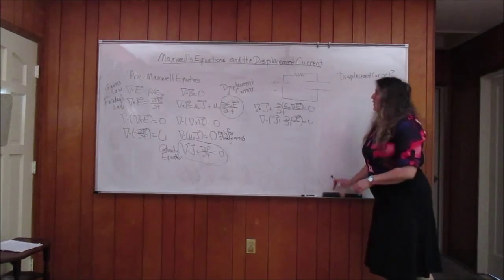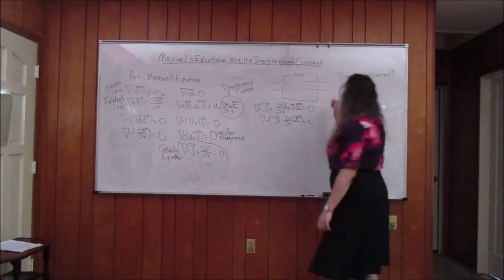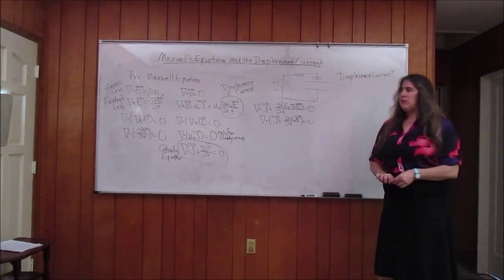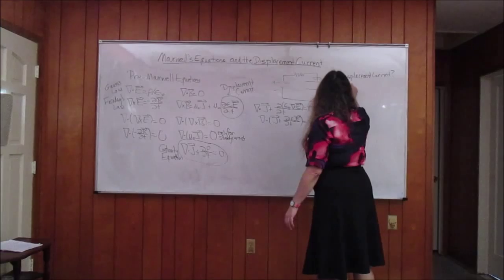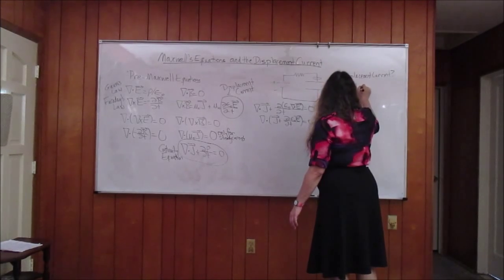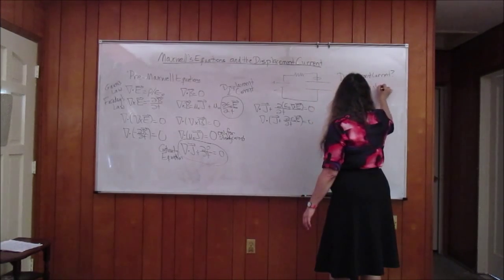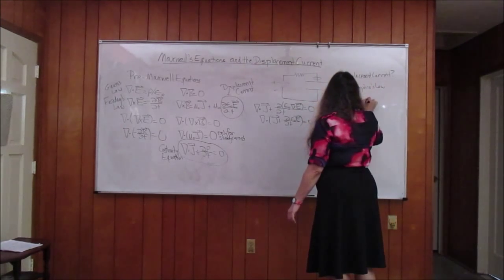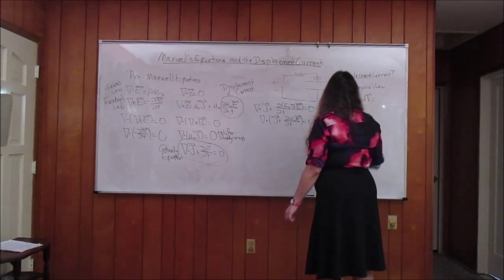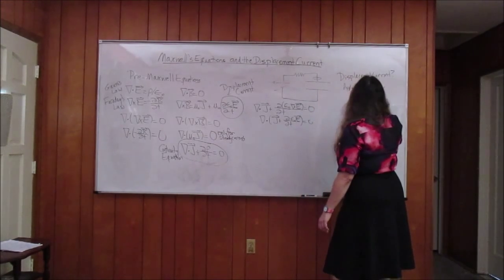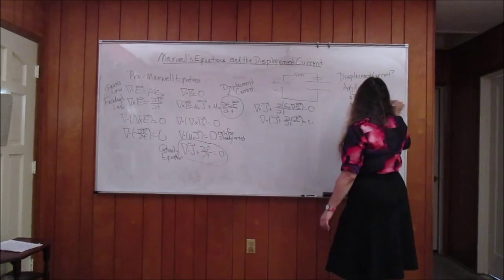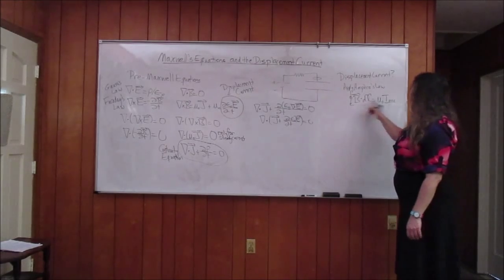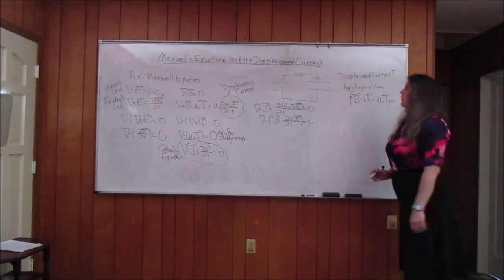And in fact, if I go back to just plain old Ampere's law, if I were to take an Amperian loop and apply Ampere's law, so that means that the line integral of the magnetic field around a closed path is equal to mu naught times the amount of current enclosed.